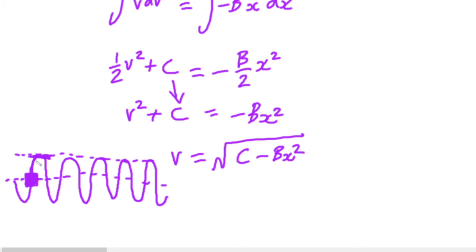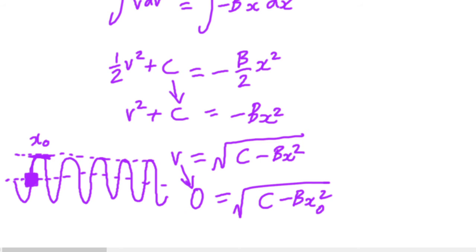And in the IB at least, we call this amplitude x0. So knowing that v is equal to 0 when x is equal to x0, 0 is equal to the square root of c minus bx squared. Well, given that x is x0, this is c minus bx0 squared.